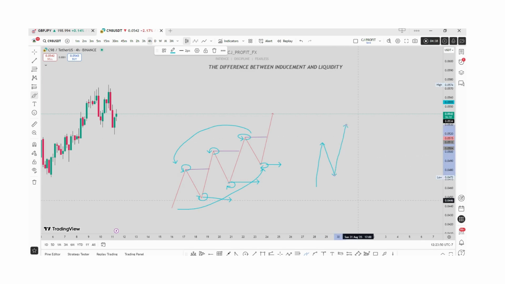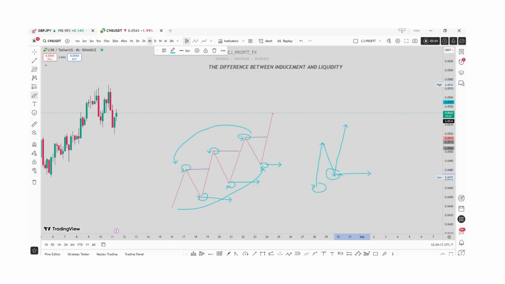Let's say the market moves like this. For this low to remain here is a trap or an attraction. It doesn't take out this previous low. Automatically this area becomes an inducement. So any low that doesn't take the previous low is an inducement, or any high that doesn't take out the previous high is an inducement.